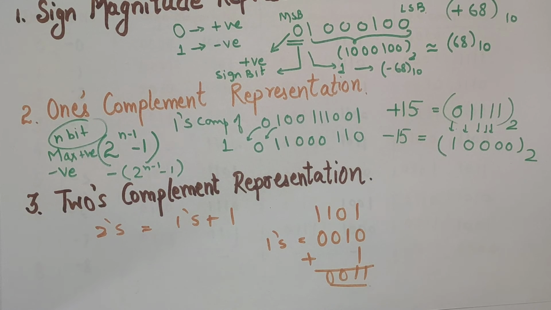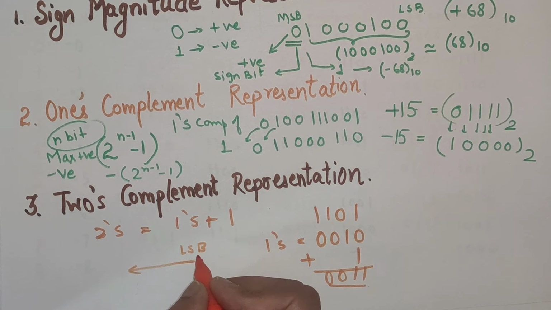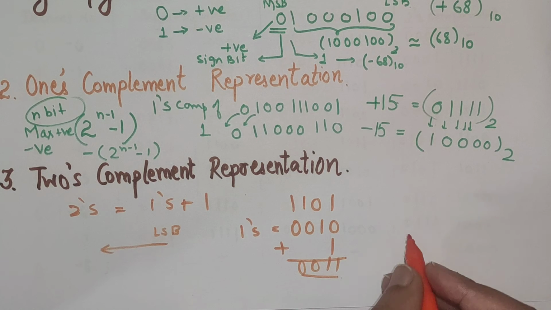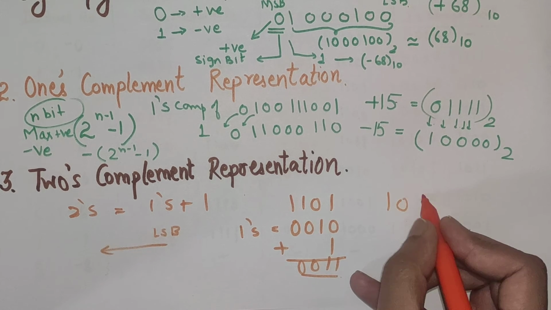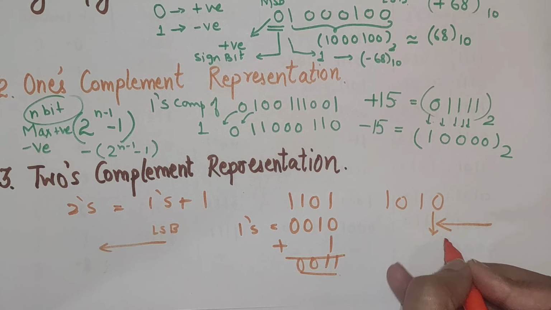So basically for calculating 2's complement, start from the LSB. One easy method is to start from the LSB and write the bits as they are till a 1 doesn't come. So let's say the number is 1010. Start from the LSB, write as it is till 1 appears.